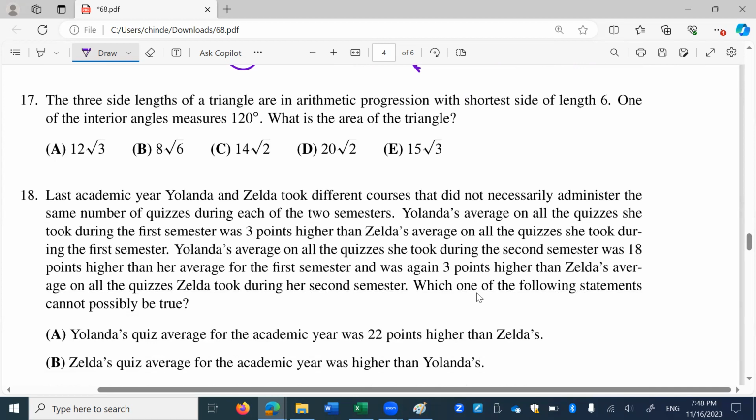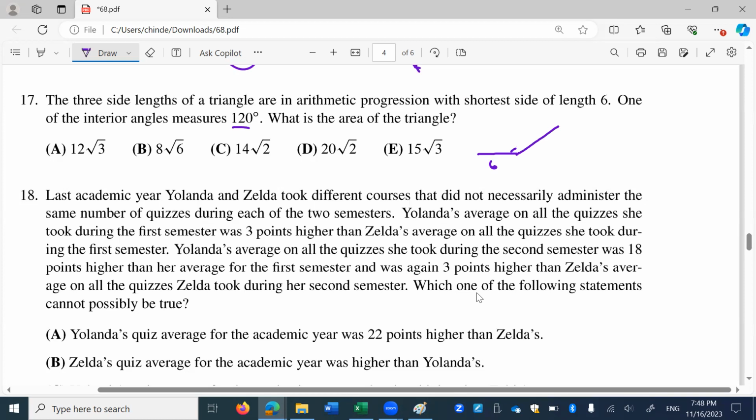The 3 side lengths of a triangle are in arithmetic progression, the shortest side length is 6, and we have an interior angle of 120. We want to find the area of the triangle. So we have 6. The longest leg is opposite the largest angle.